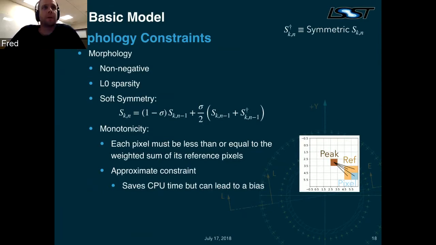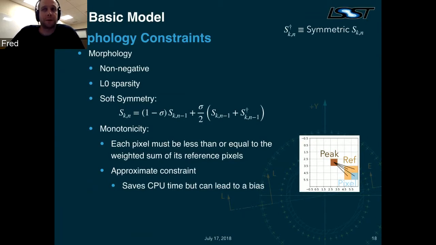So for morphology, as I said, the other constraint we use is monotonicity. And if we were to actually make the analytic monotonic solution, and iterate that in each step, it turns out to be really expensive in terms of CPU time. And so we have an algorithm that approximates monotonicity. Essentially what we do for each pixel is we look at all the pixels that are closer to the peak than the current pixel, and we take 3 reference pixels.